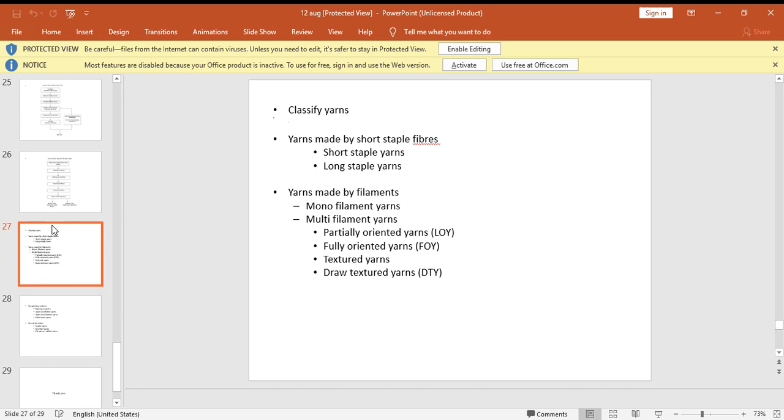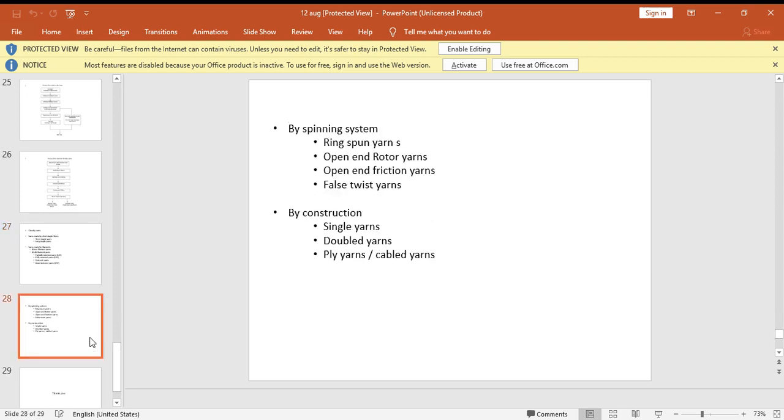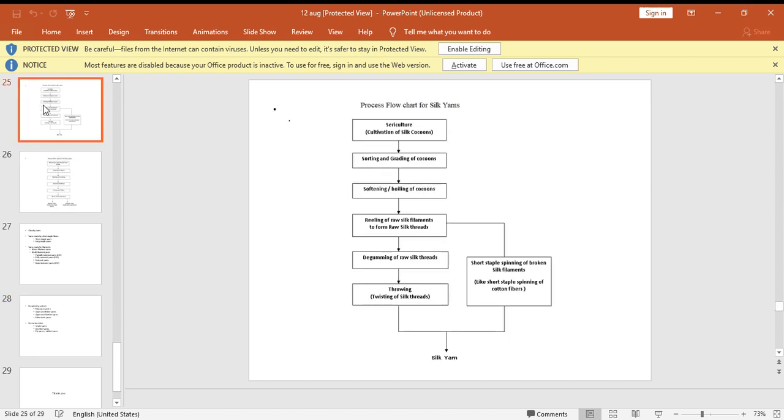Yarns made of filaments are monofilament yarns, multifilament yarns, partially oriented yarns, fully oriented yarns, textured yarns, dot textured yarns. By spinning system: ring spun yarns, rotor yarns, open end friction yarns, false twist yarns. And by construction: single yarns, double yarns, plied yarns, cabled yarns. So these are the classification of yarns, and these are the objectives of today's class.